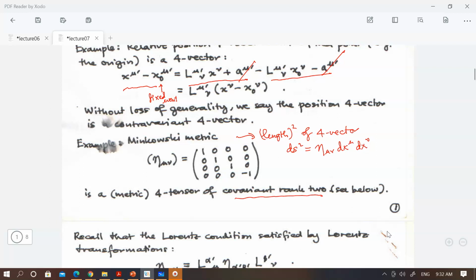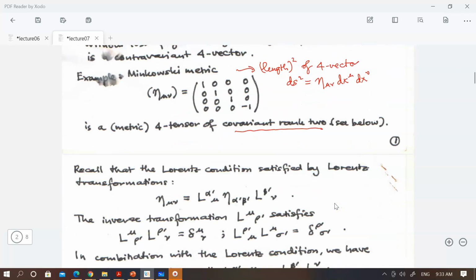If you have already seen how the general rank tensor behaves under coordinate transformation, then this one is again using the same thing. Remember, it's supposed to be looking like this, eta alpha dash. So I'm doing a different thing here.